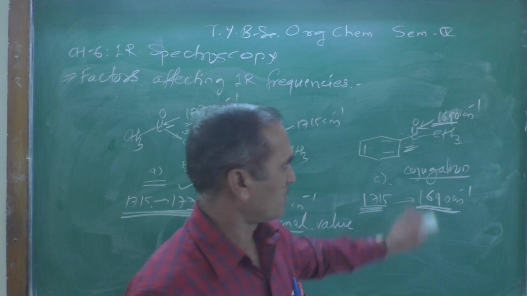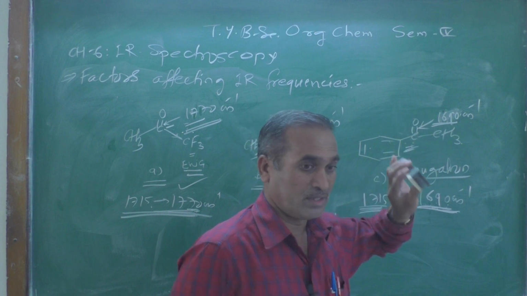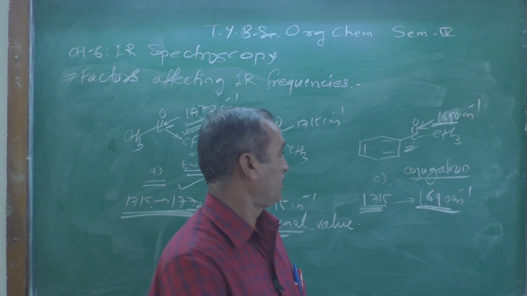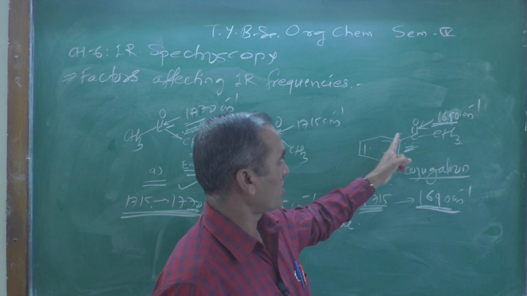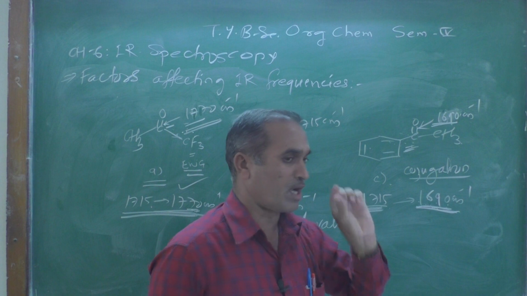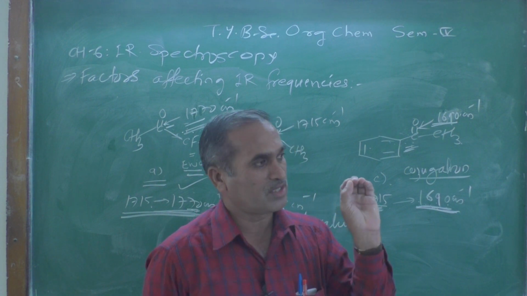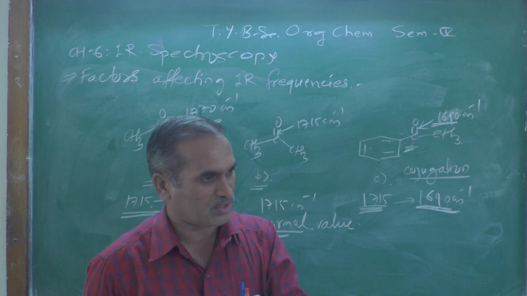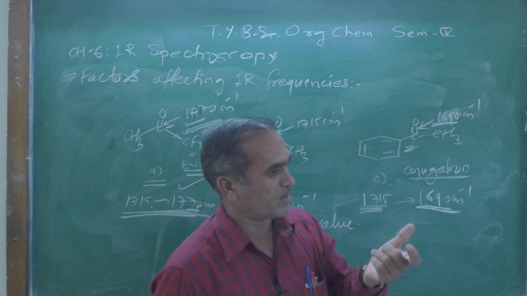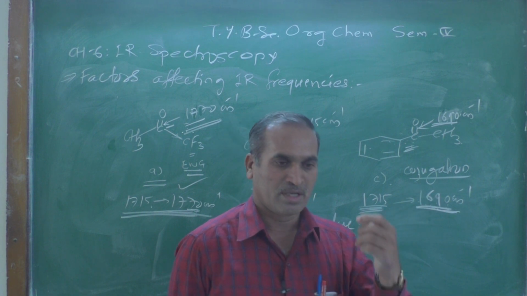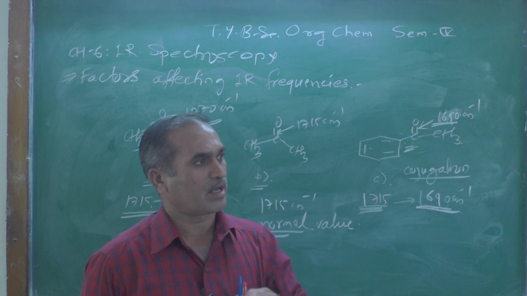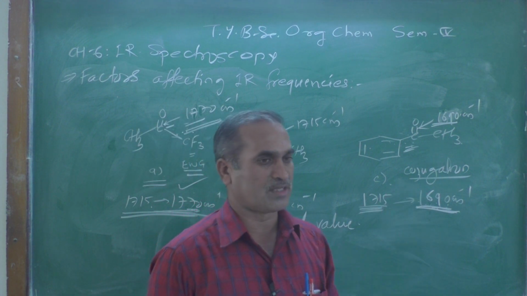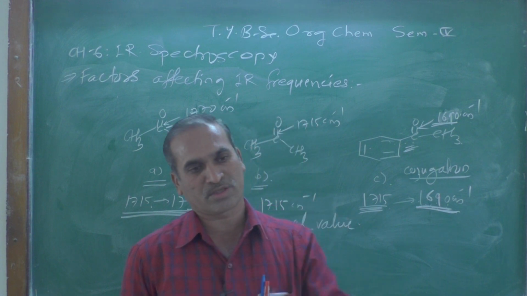So once again, there may be a little bit of confusion, but don't get confused here. Let me tell you once again: there is a conjugation. Due to the conjugation, IR frequency decreases. Why? Because in the conjugation the double bond character decreases and the single bond character increases, and once the bond strength decreases, the force constant decreases.